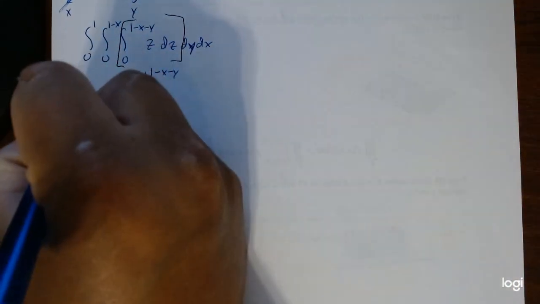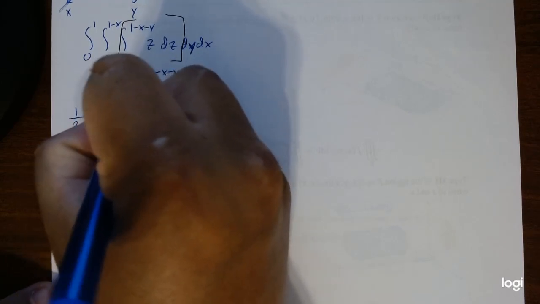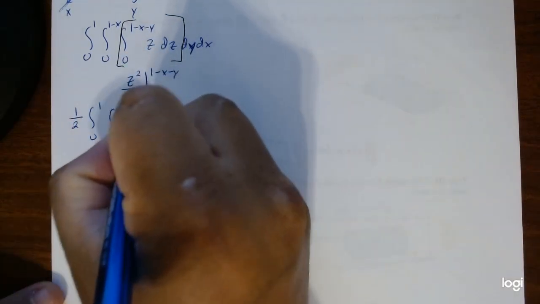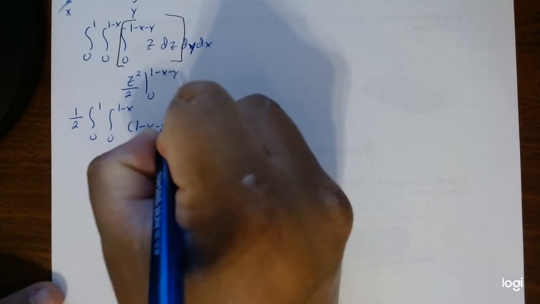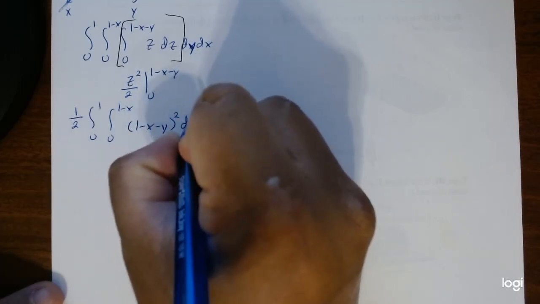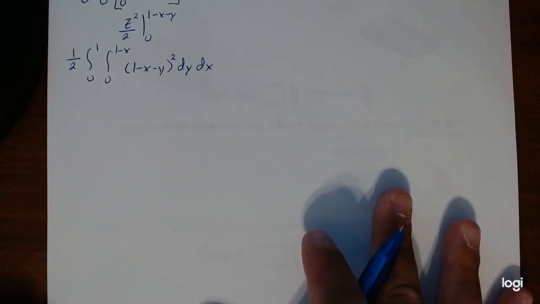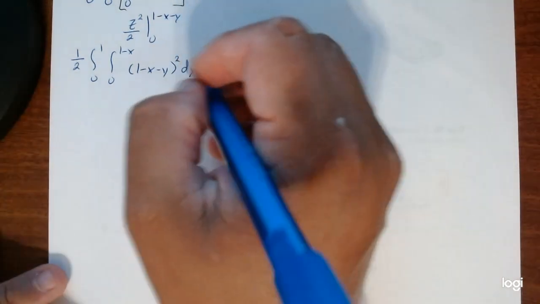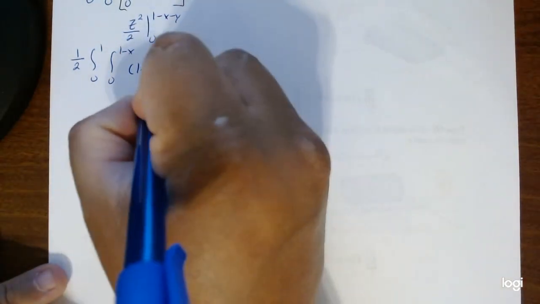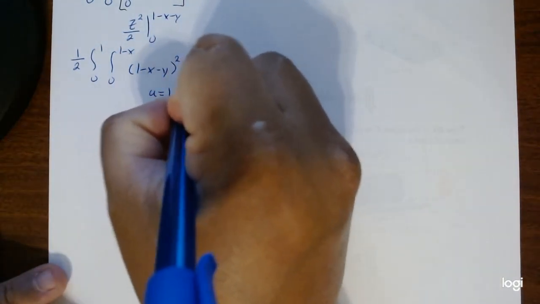So I'll bring that 1/2 again at the very end on the outside. Okay. And if you really want, you could FOIL this out. I'm not going to do that. I'm just going to use, like we did before, just use substitution. So I'll let u equal the entire thing.